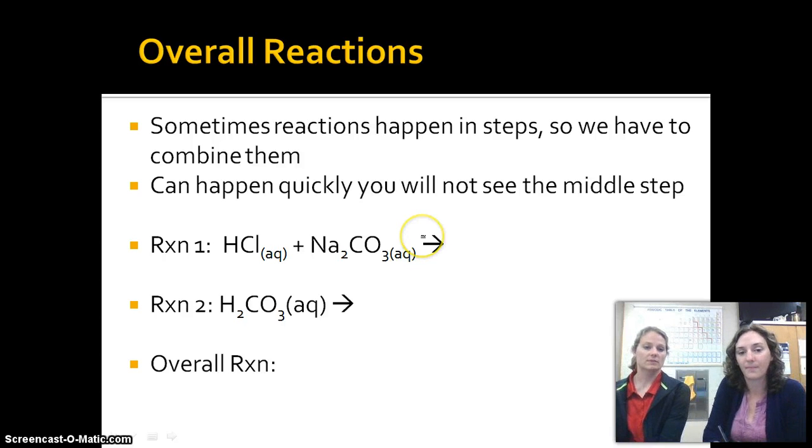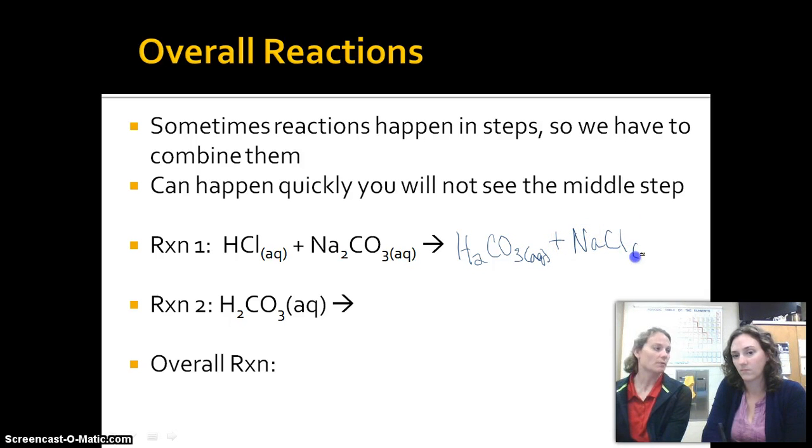It's a double replacement, so we're going to replace the positive pieces. The H is now going to join with the CO3. H is a +1, carbonate is a 2-, so we have to have 2 hydrogens for every 1 carbonate. That one is going to be aqueous. And then we are going to have left over sodium chloride, NaCl. This is very popular in this chapter.